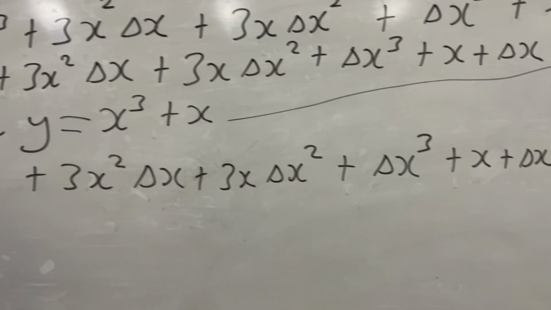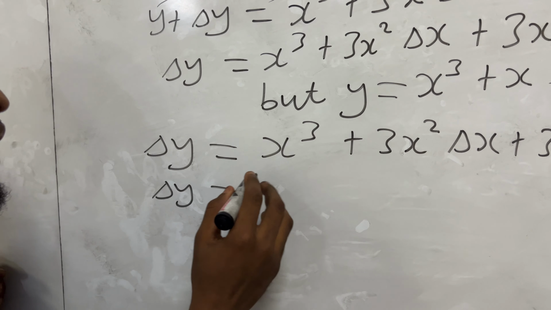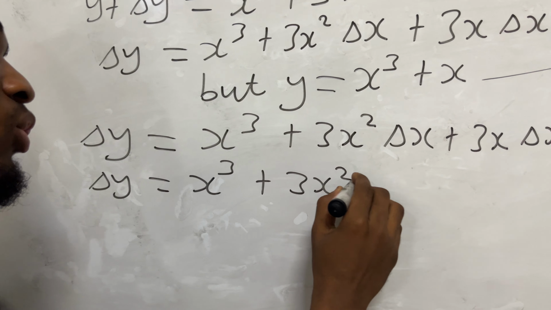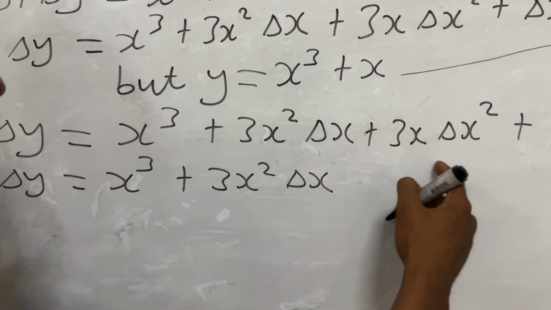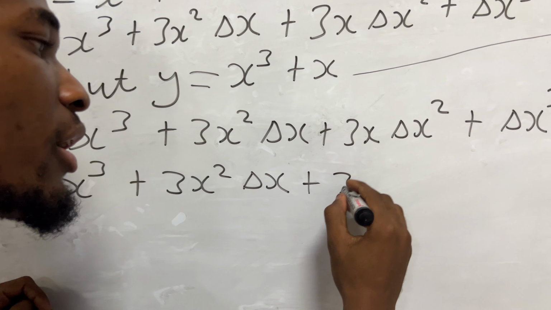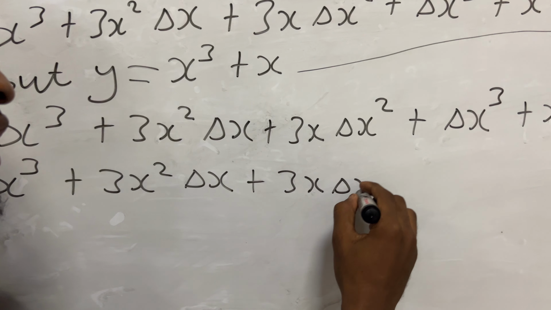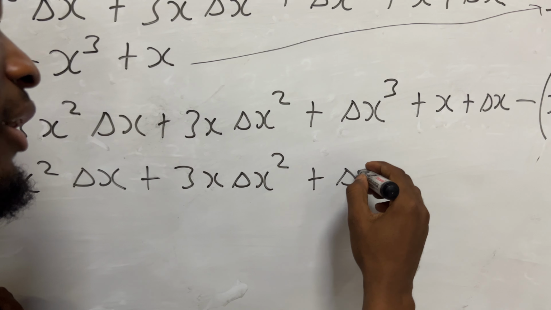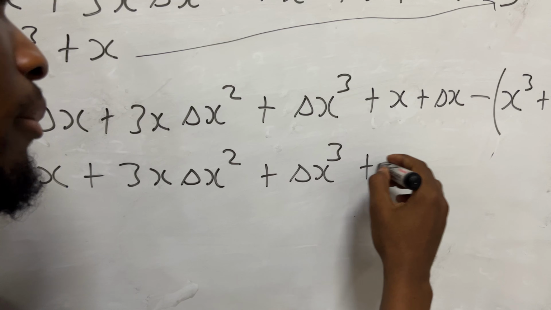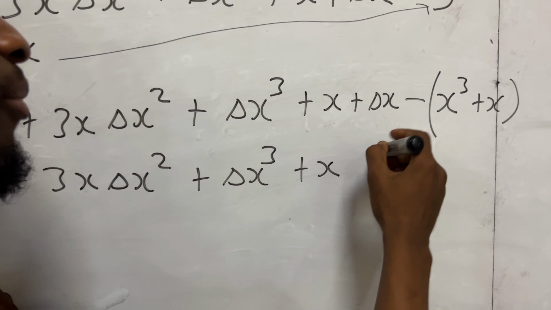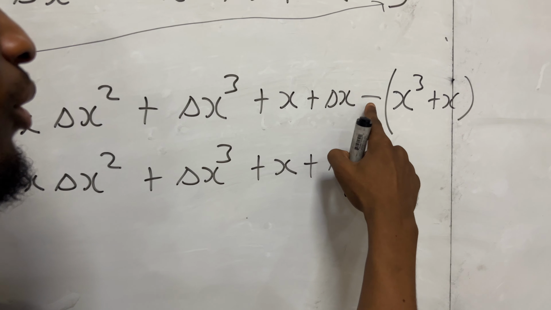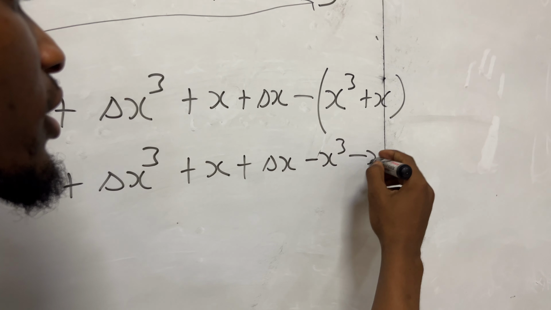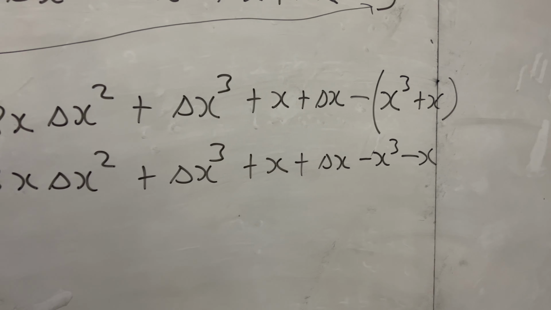So I will expand. When I expand, I'm getting x to the power 3 plus 3x squared change in x, then plus 3x change in x to the power 2, then plus my delta x to the power 3 plus my x, then I have plus my delta x. When I multiply by the negative, I'm getting negative x cubed minus x. So let's see what we can cancel.